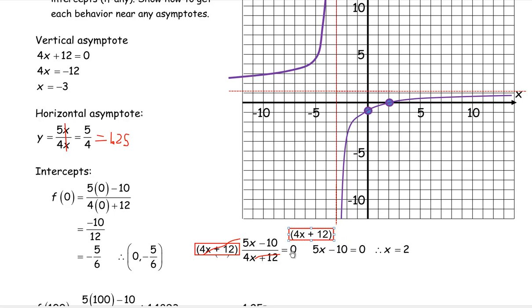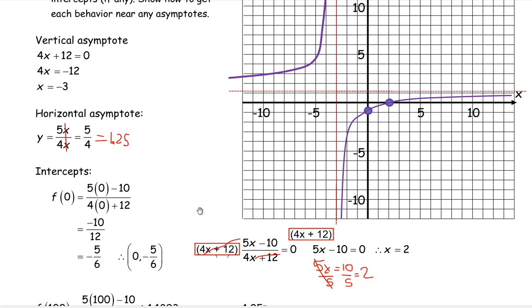So we have 5x minus 10 equals 0. And I want to solve that for x, so I would add 10 to both sides. So I get 5x equals 10, and then divide out the 5. They're gone, and that equals 2. So that is the x-intercept. We're at 2, so 2 comma 0 is the x-intercept.